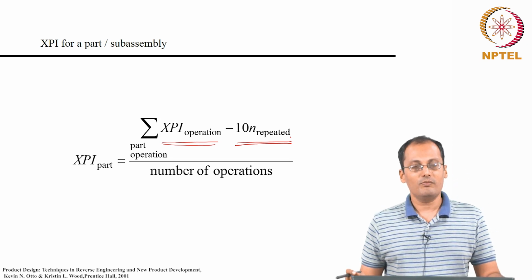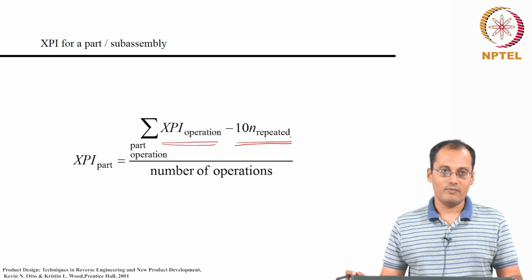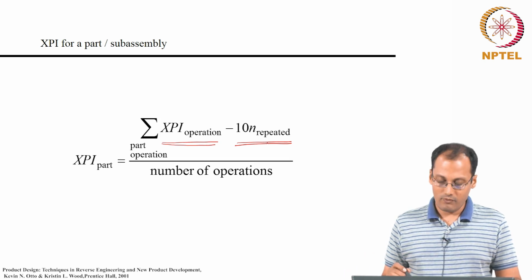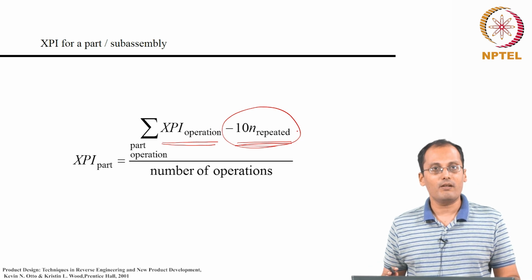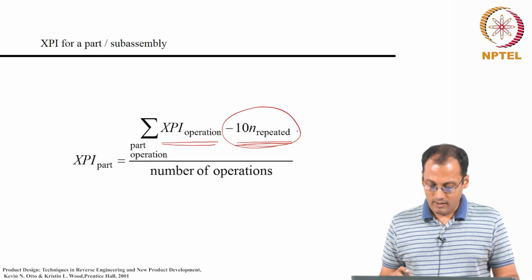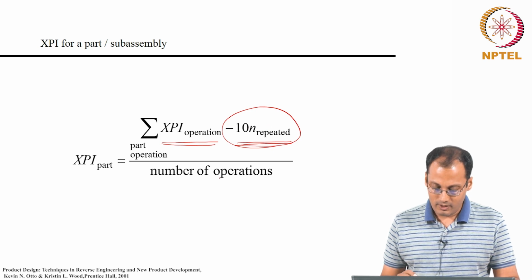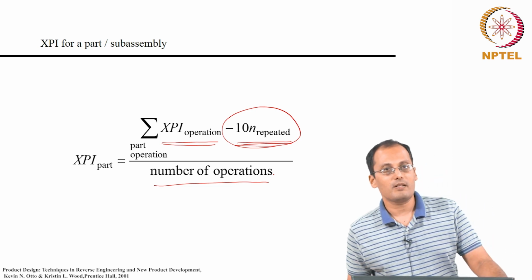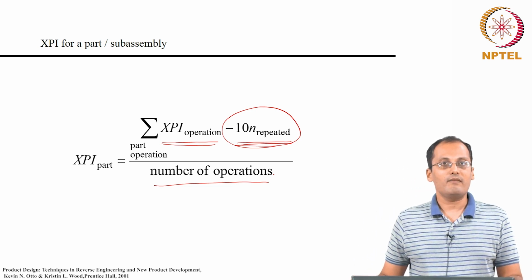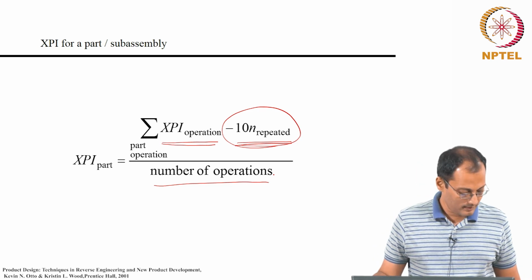That means, if I have to do 4 screws one after the other, the degree of difficulty does not remain the same. So, to account for that, we just negate, this is a heuristic way of negating the score. So, the number of times it is repeated, we reduce it and divide it by the number of operations to arrive at an average XPI score for that assembly.